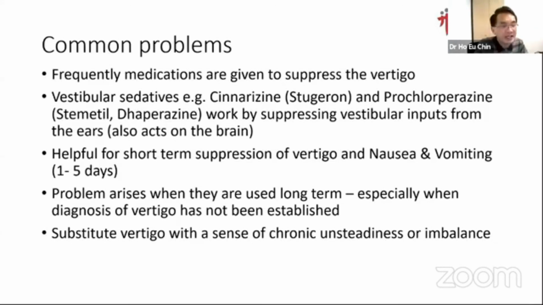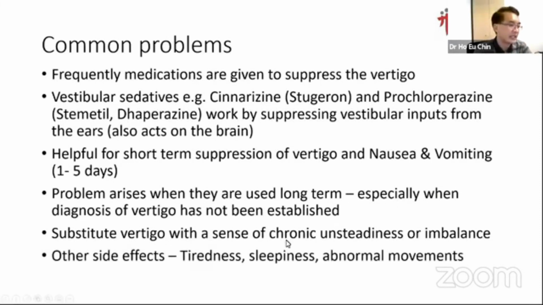I understand, right? But ultimately, it need not end up like this, because this happens when a diagnosis has not been made. And the focus of treatment is on suppressing the vertigo, suppressing the symptom, without identifying the underlying diagnosis and giving the right treatment to treat the illness related to that diagnosis.